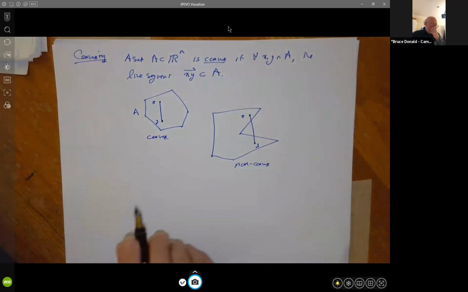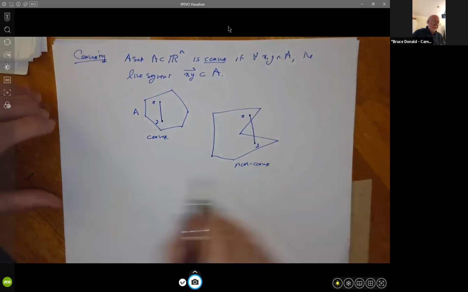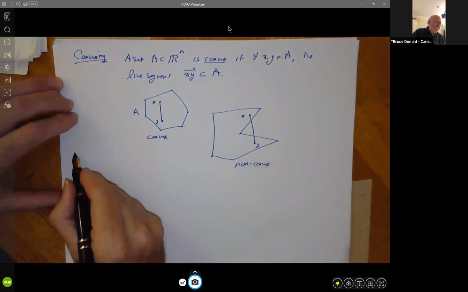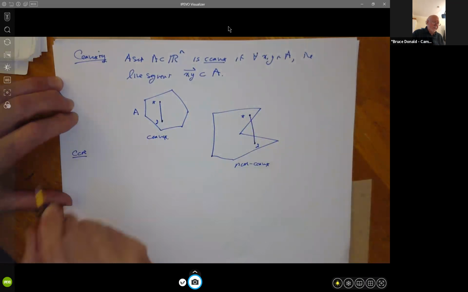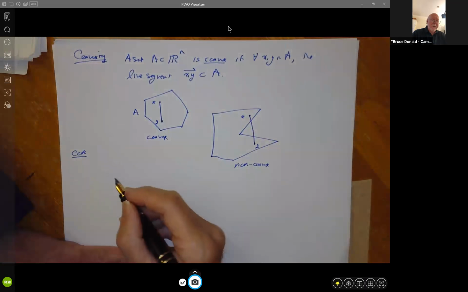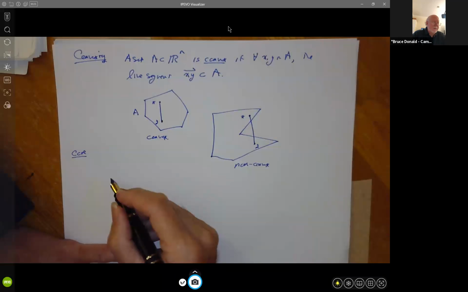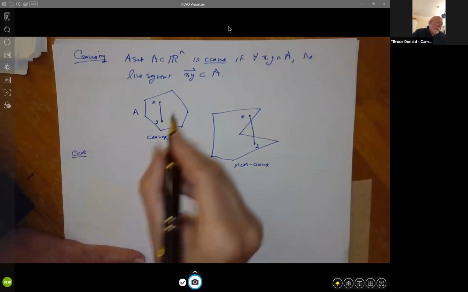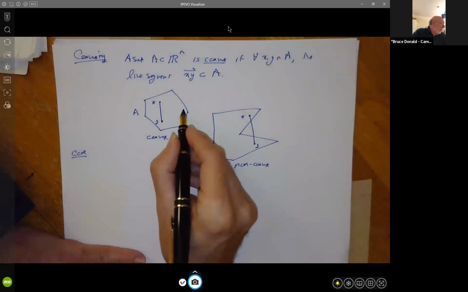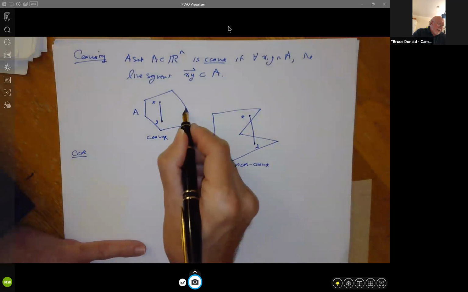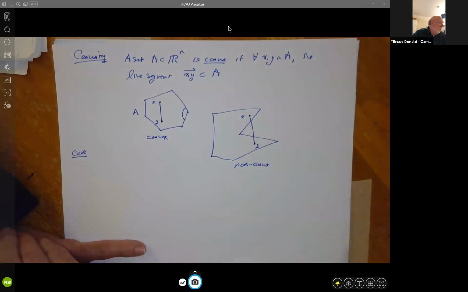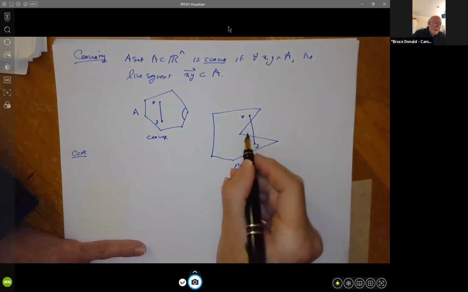Now, I want to talk about this definition, but let me mention that it follows from this, a corollary, that we can also just look at the angles if we're in the plane. It doesn't work in 3 dimensions as well. So if we're in the plane, it turns out that all of these internal angles are less than pi, i.e. 180, less than or equal to pi, whereas here we have one that isn't.